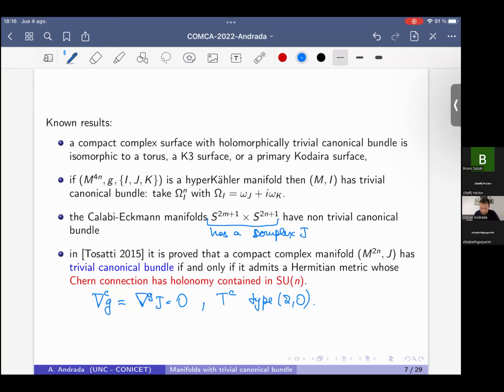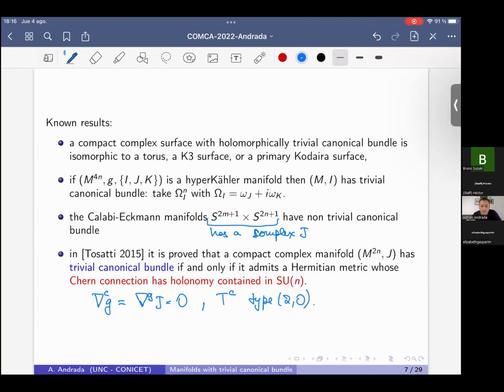I will talk about that a little bit later. When you have the product of two normal almost complex manifolds, you can construct there an integrable almost complex structure, always.